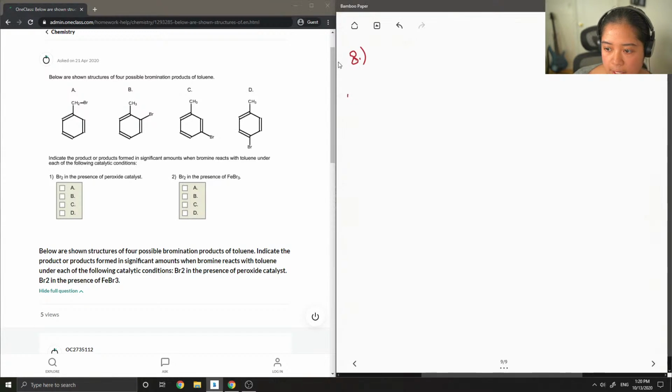So let's do A first. Basically, the toluene molecule looks like this. There is a methyl group there.